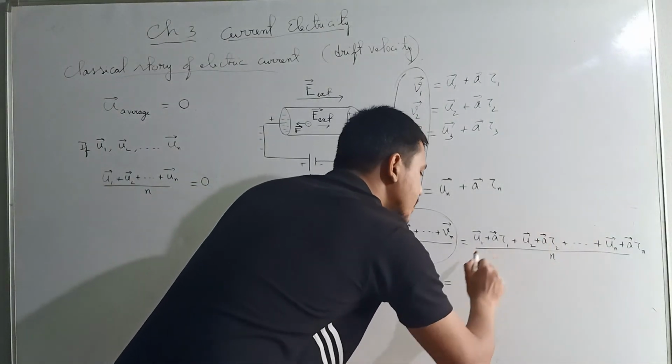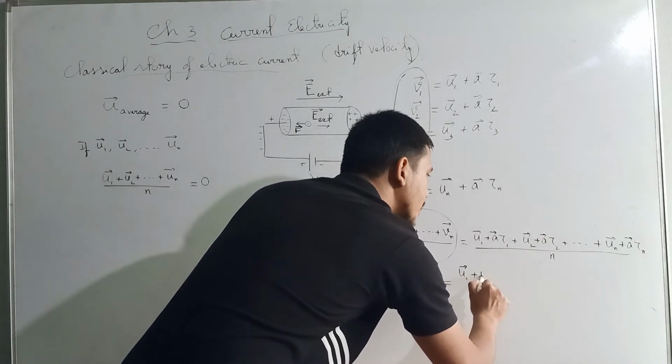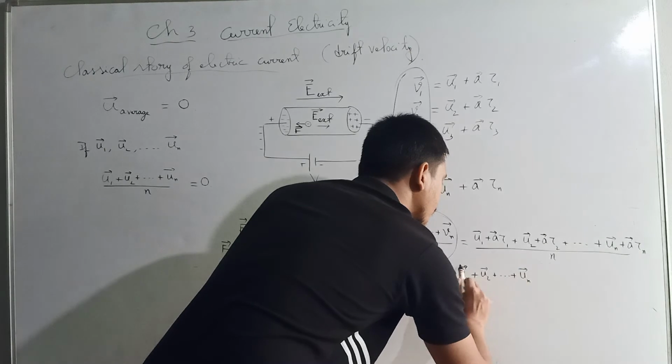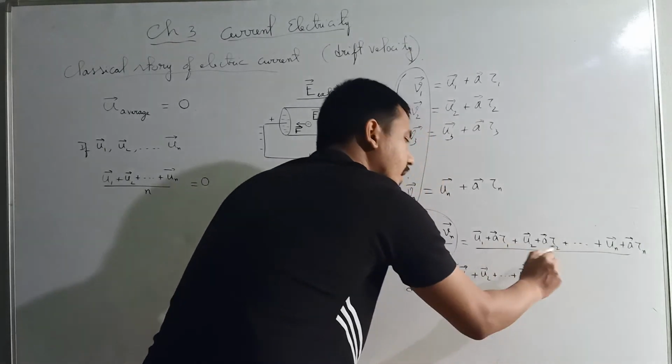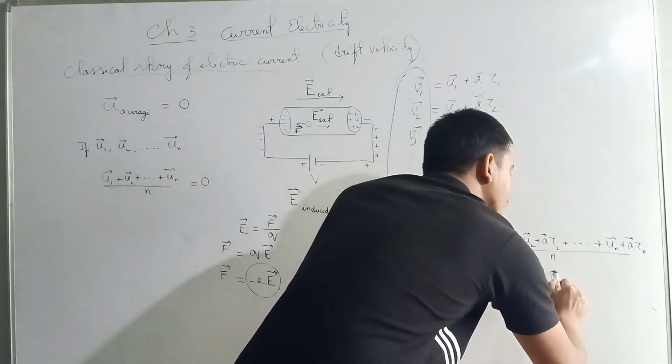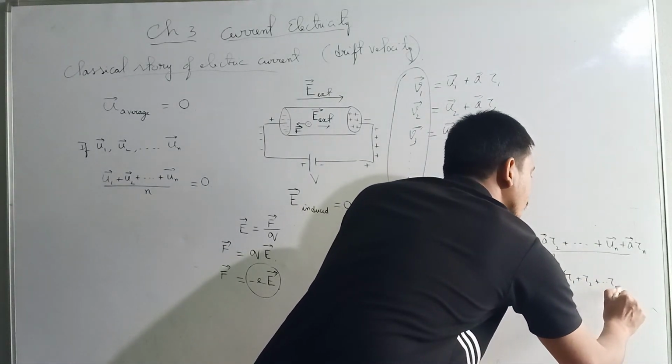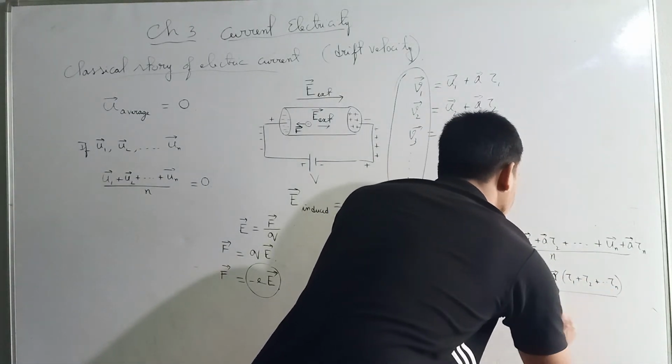If we rearrange this, then U1 plus U2 and so on up to Un, plus, taking acceleration a common, tau 1 plus tau 2 and so on up to tau n, divided by n.